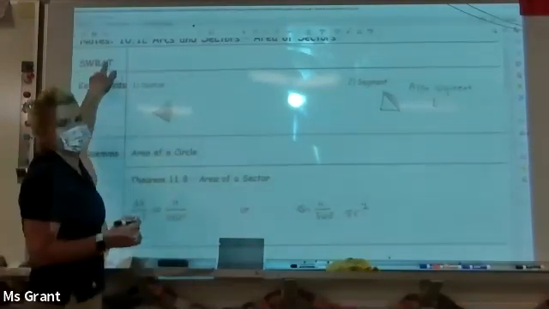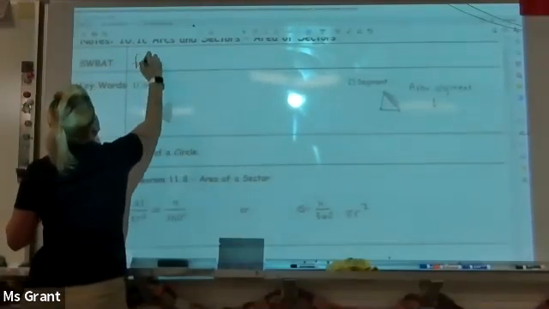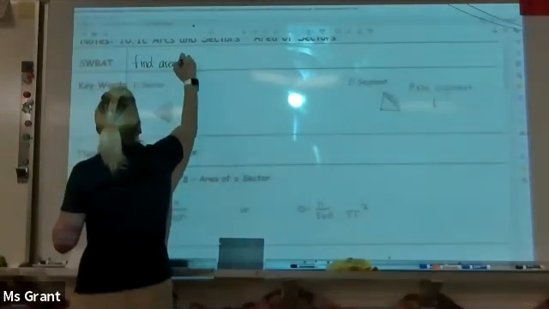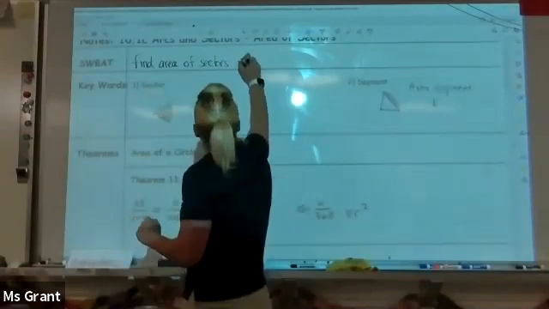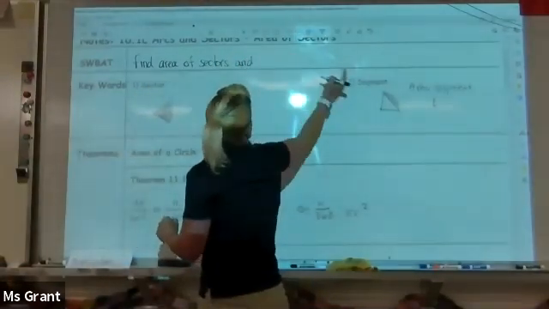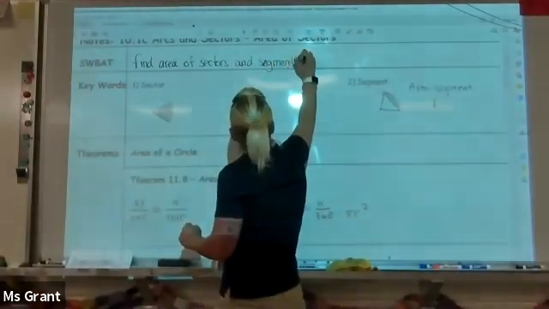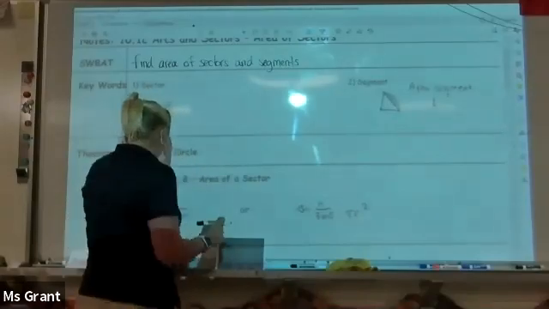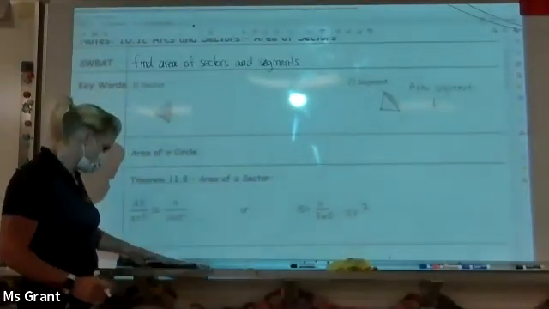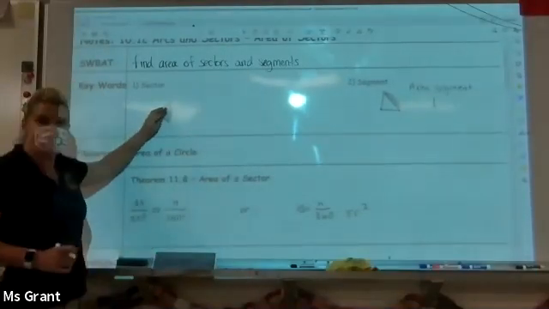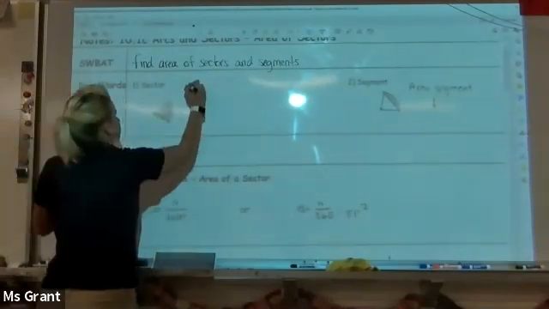Our goal is that we're going to find areas of sectors and segments. And I'll show you what a segment is over here. So a sector is this little pie-shaped shaded region.